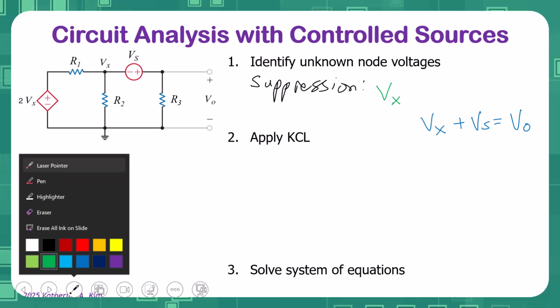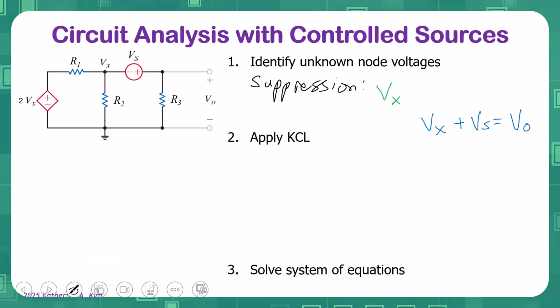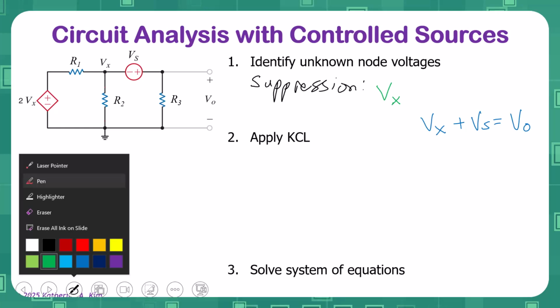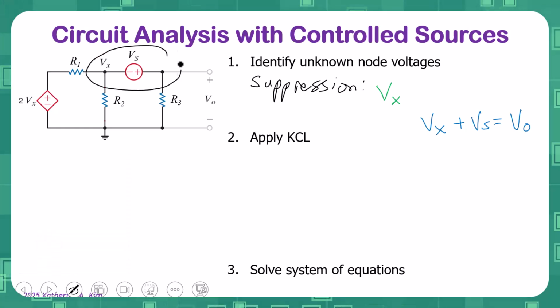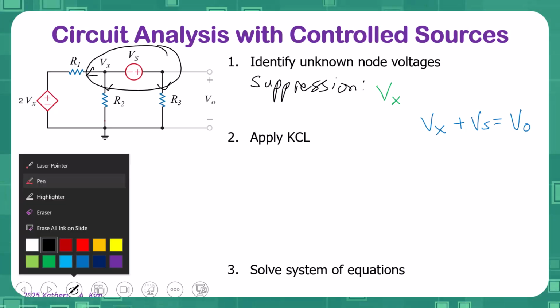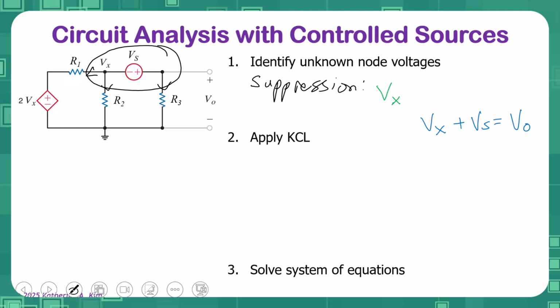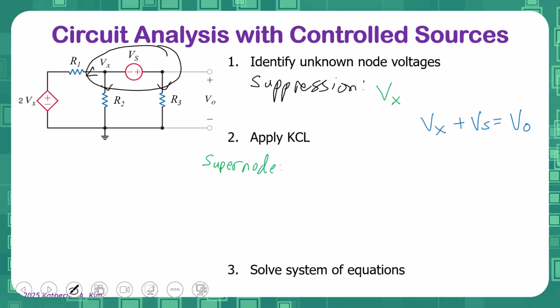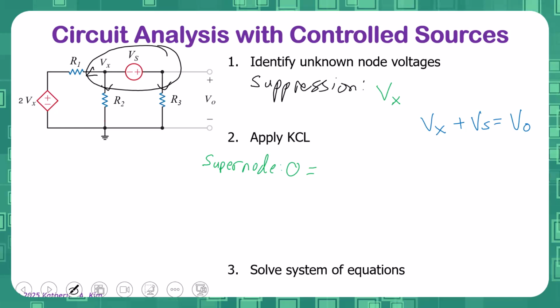So we can then take our value here, and we're going to apply a supernode around here, and we can look at the currents going out, out, and out here. So let's write that out. So I'm just going to write supernode.